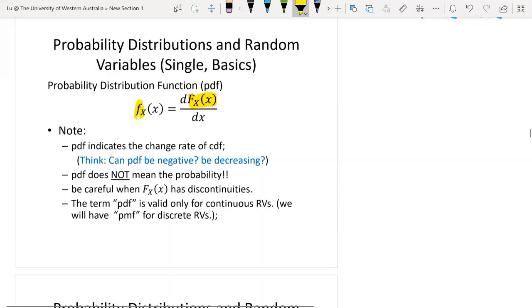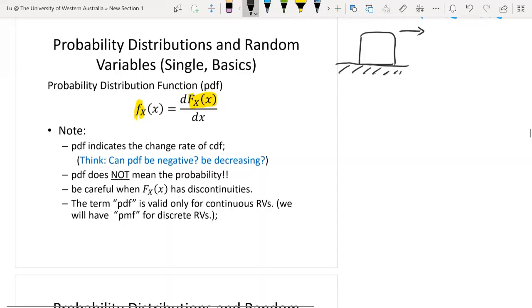So for this case, I think it would be better to use an analog example to explain the details. Let's recall, in your high school or in the first year bachelor program, you must have studied the motion of some object. For example, I got a small box, and you put that on a surface, and this small box is moving to the right.